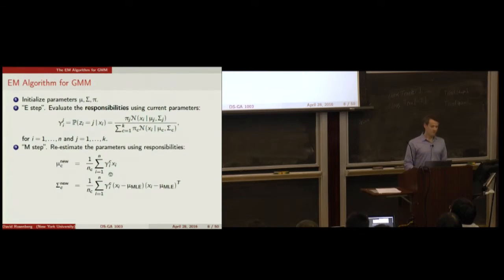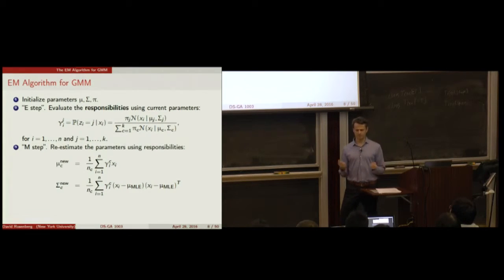It's very similar to the maximum likelihood estimate for the regular Gaussian, but now, for example, for the mean, instead of just taking the mean of the points in cluster C, we don't know which points are in cluster C, so we take a weighted average where the weights are the probability that the ith point is in cluster C. This should seem plausible, but you shouldn't necessarily see why this is actually the maximum likelihood or helping us get the maximum likelihood, but it should at least seem plausible.